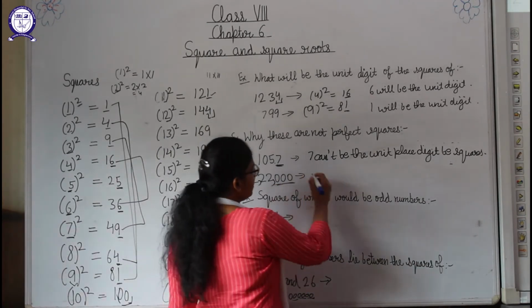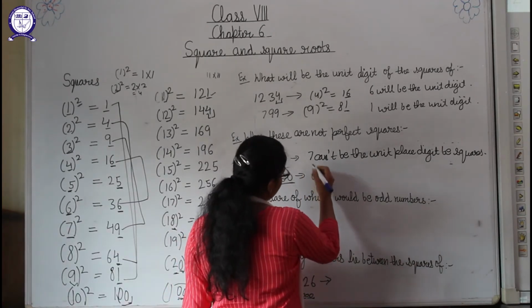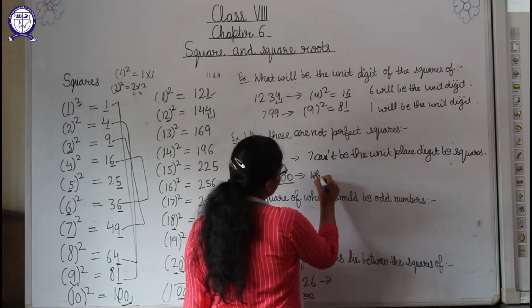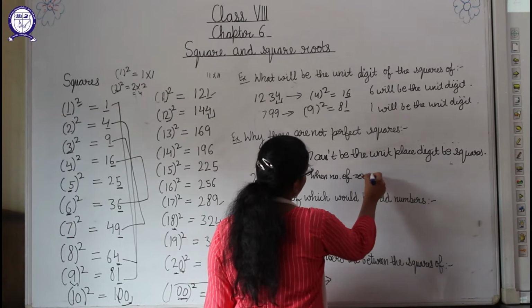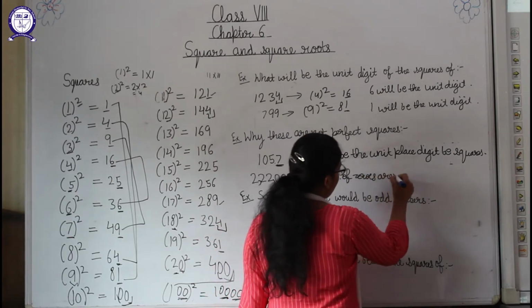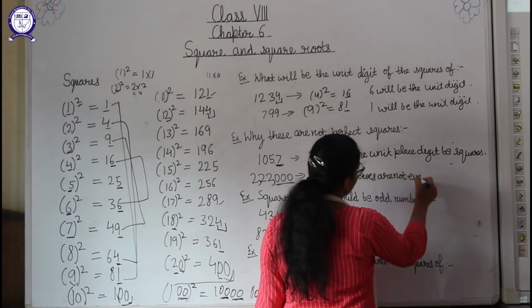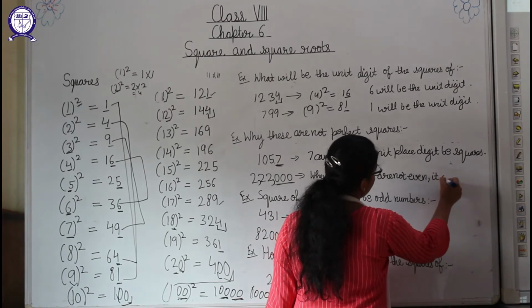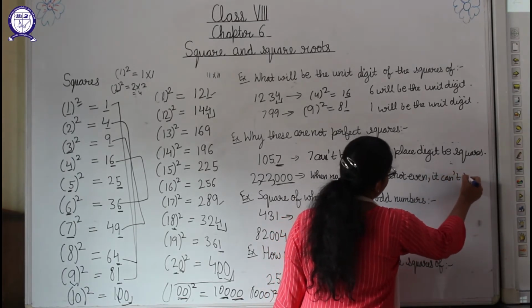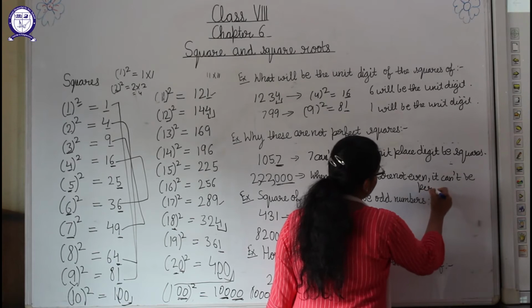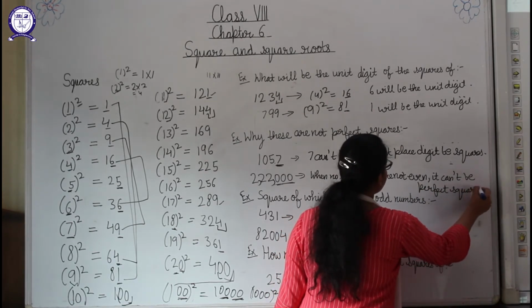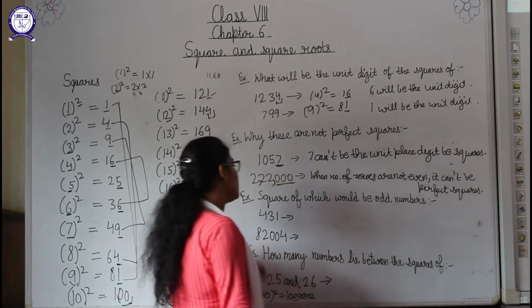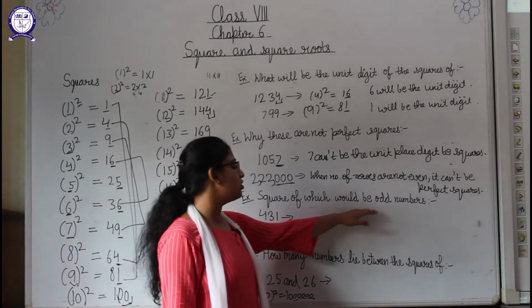So the reason will be: when the number of zeros is not even, it can't be a perfect square. For a perfect square the zeros should be in pairs. Now next one is squares of which would be odd numbers.